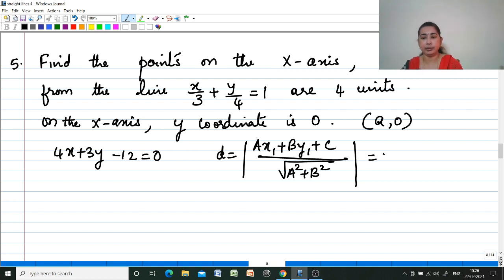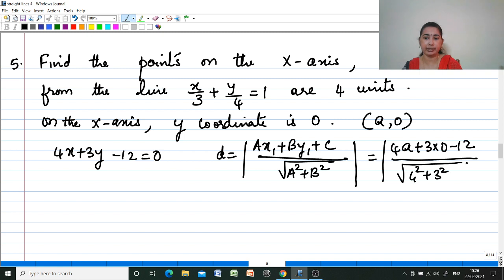and that is equal to, if we substitute (a, 0) in this, 4 into a plus 3 into 0 minus 12 divided by root of 4 square plus 3 square, and that distance is equal to 4 units.